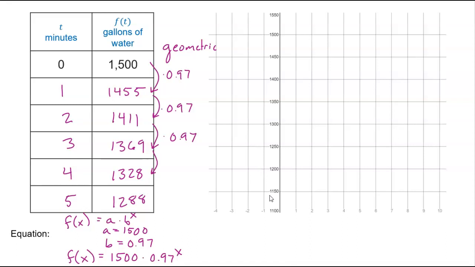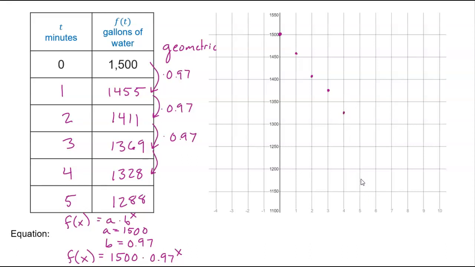Now, once again, we can graph all of this. 1500 starts up here. We expect it to go down, so we made some room below it. 1455, so that's probably right about here. 1411, maybe around there. 1369 is maybe something right around here. 1328 is going to be right about there.